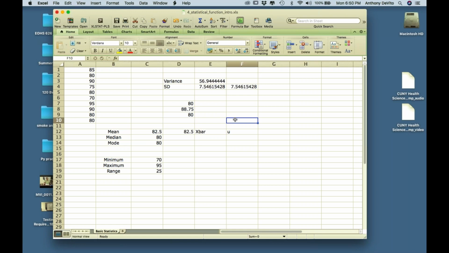So what have we just done? We've used Excel to perform about 10 or 12 of our most common statistics that describe a sample. Give us an idea what the middle is. Give us an idea what the variability, what the size of it is.